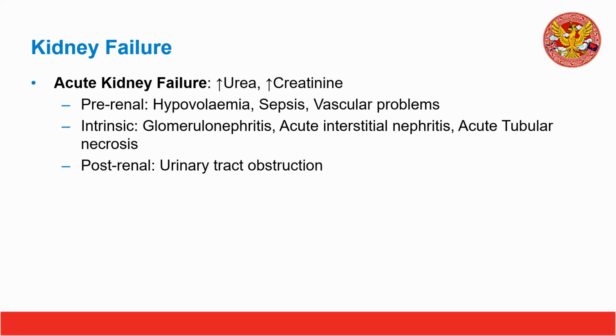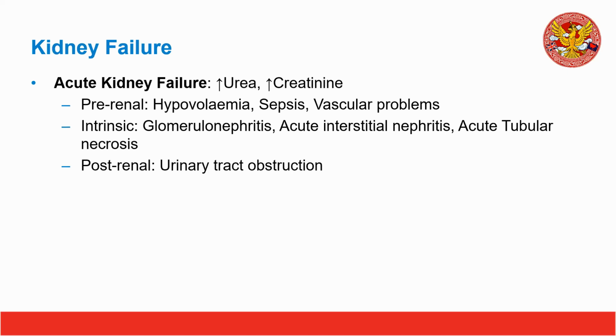In terms of kidney failure, we classify it into two main things: acute kidney failure and chronic kidney failure. In acute kidney failure, obviously your urea and creatinine are both raised, and you want to break it down into pre-renal causes. So having hypovolemia, sepsis, or vascular problems can result in acute kidney failure.